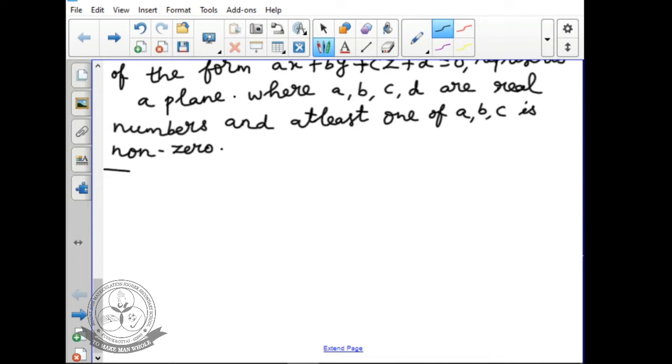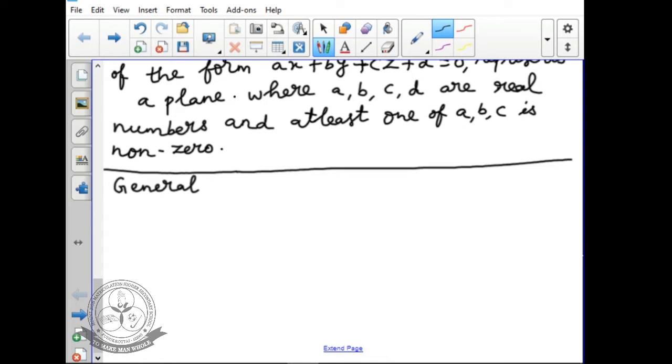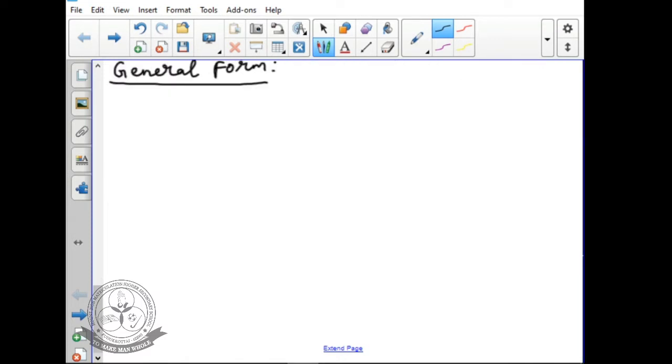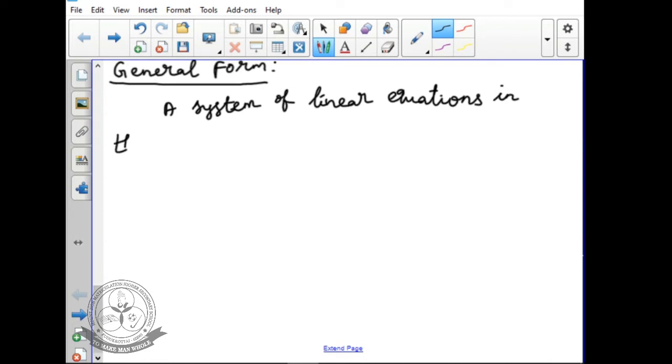Next, the general form. General form of simultaneous equations in three variables. What is our general form?